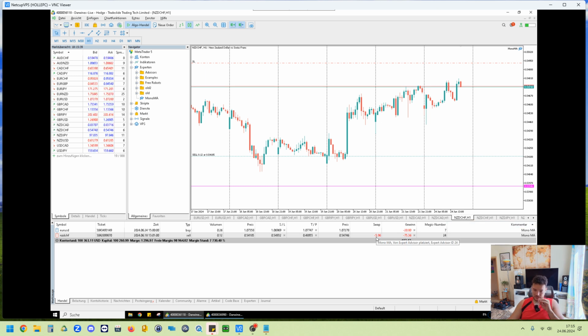When the swap cost is negative, sometimes it can be positive and it adds to your win, but in this case, it's negative. So every day this line moves a little bit. It calculates, depending on the lot size and the tick size of the forex pair, this line moves a little bit, so it adds up. Now it has to move like $6 more to hit the trailing stop.